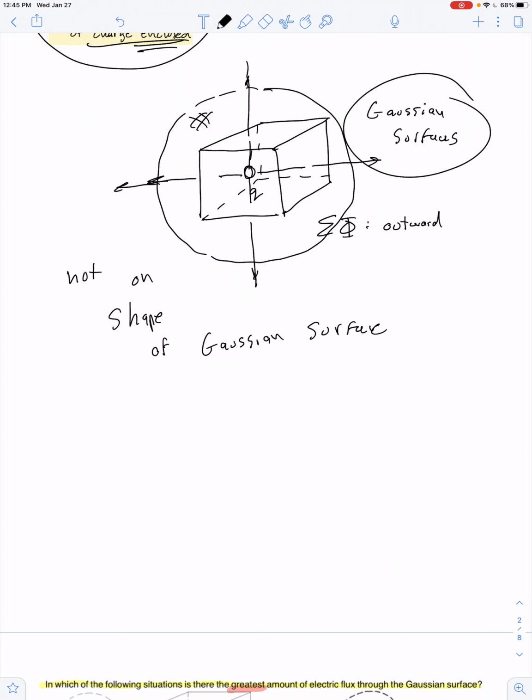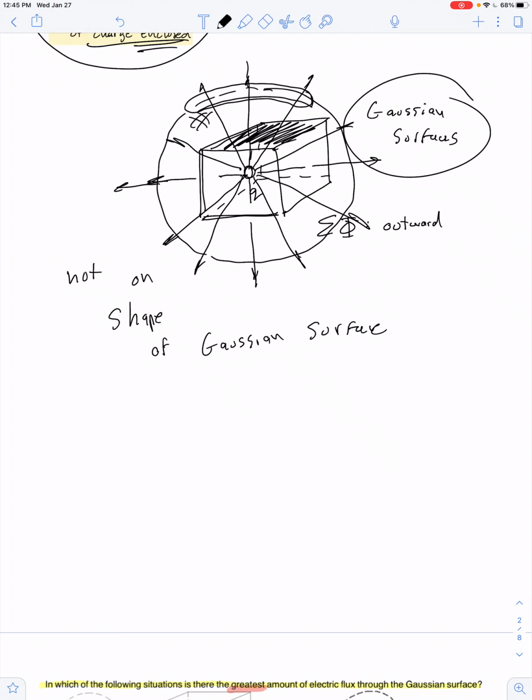Now, how can we argue this one? Let's see. In the case of the cube, I would think that the electric field has greater intensity through the top surface of this cube than the intensity in this vicinity of our spherical shell, simply because this is closer to the charge, and so the electric field is stronger.